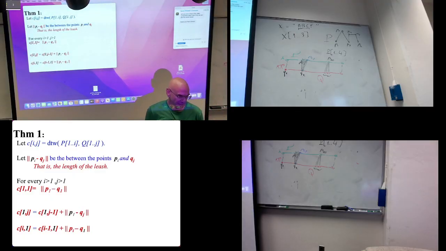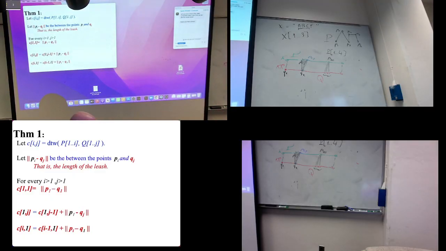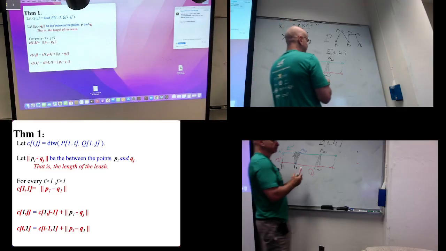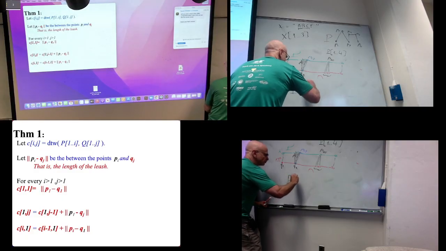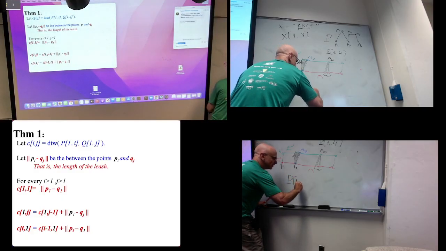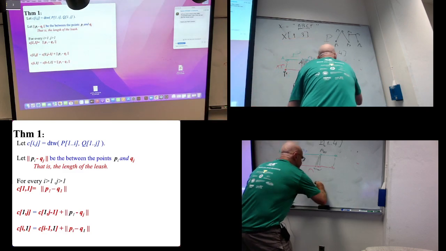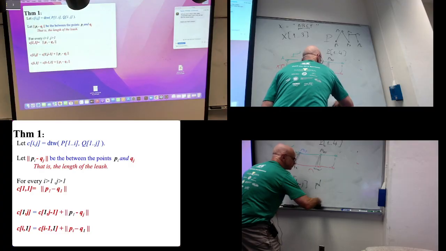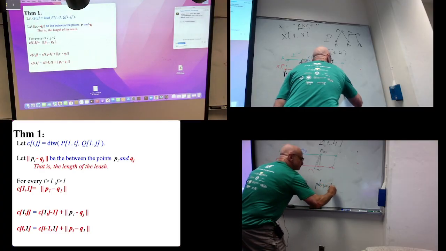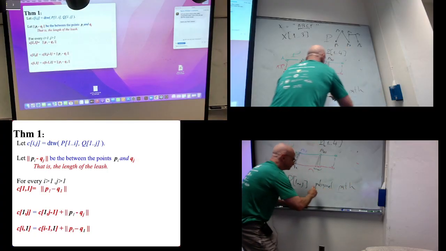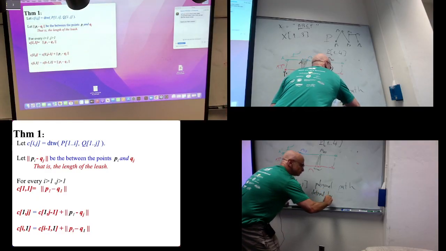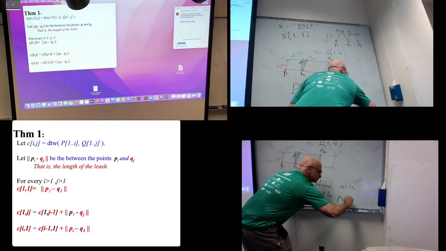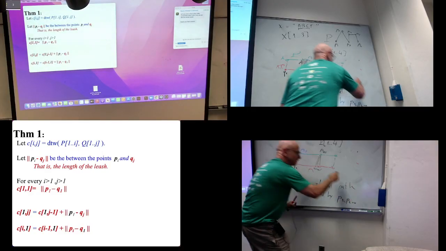It's a polygonal path that consists of the first 4 vertices of P. So P from 1..j is a polygonal path defined by P1, P2, and so on. Where do I stop?